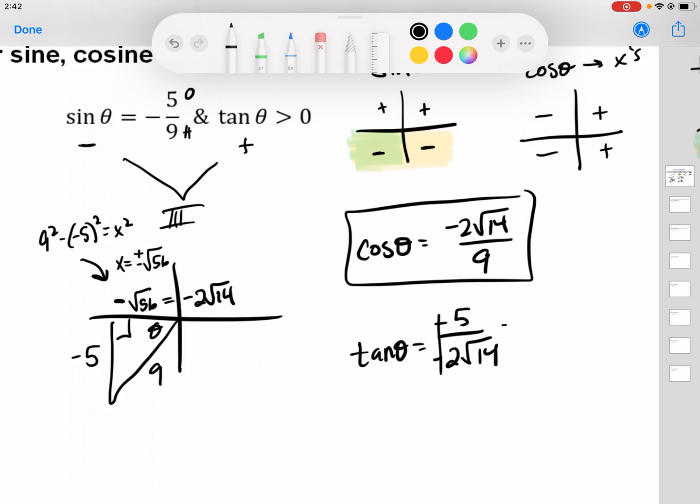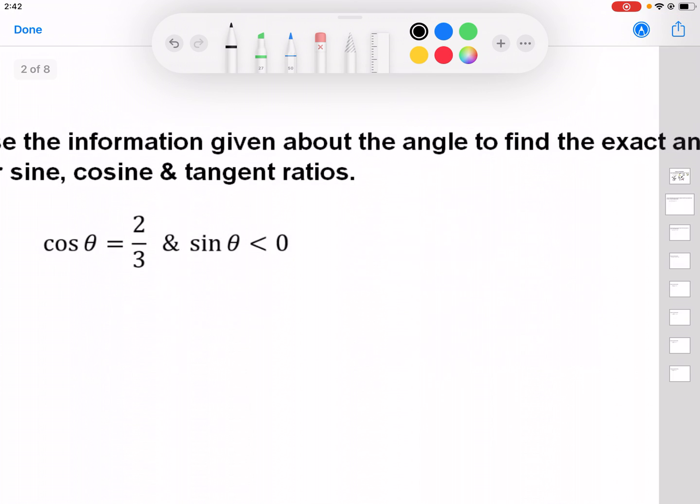So the negatives cancel out, and you end up with 5 over square root of 14, because I'm going to rationalize it. Then the square root of 14 times square root of 14 is 14, so this is just 2 times 14 on the bottom, or 28. So that's our tangent.